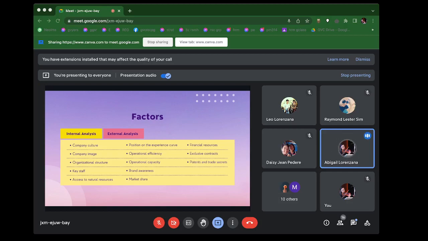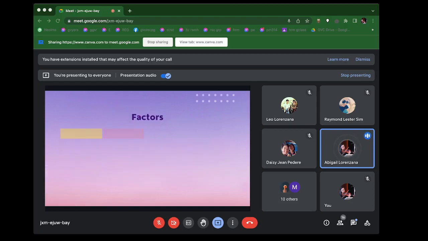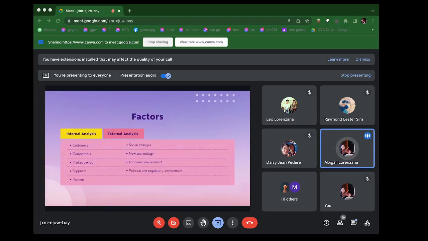Okay, and then we also have the external analysis, where an opportunity is a chance to introduce a new product or service that can generate superior returns. Opportunities can arise when changes occur in the external environment. Many of these changes can be perceived as threats to the market position of existing products and may necessitate a change in product specifications or the development of new products in order for the firm to remain competitive.